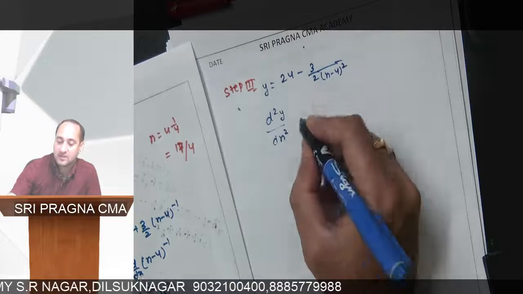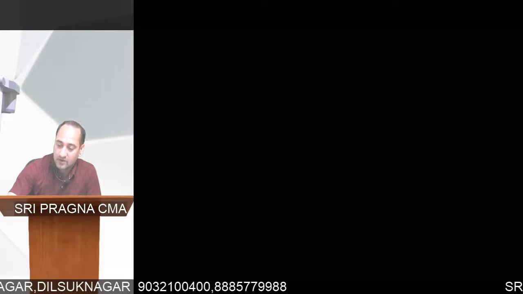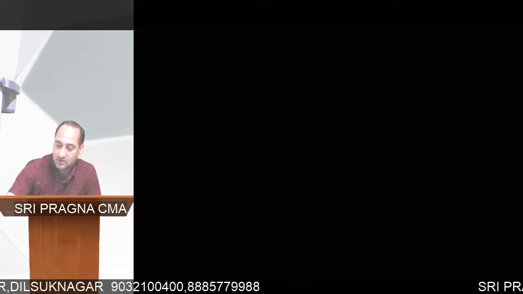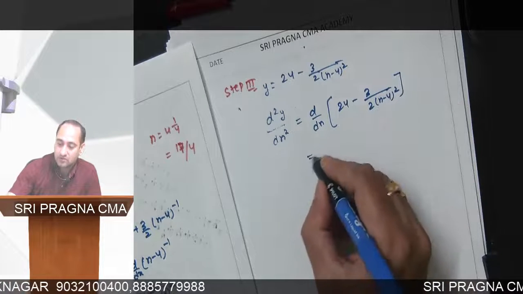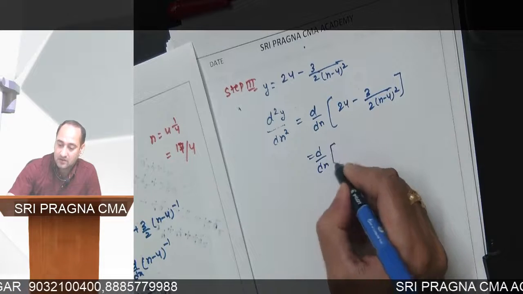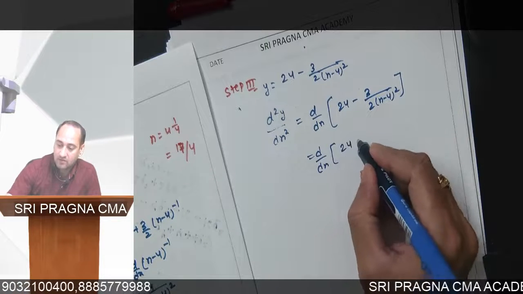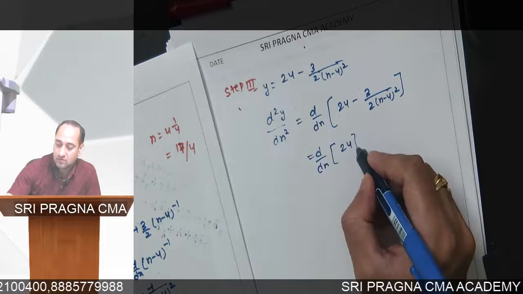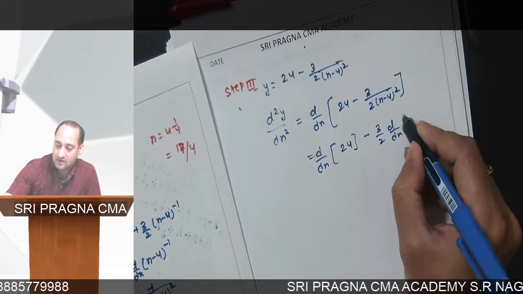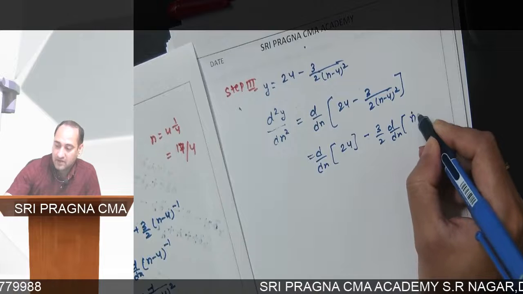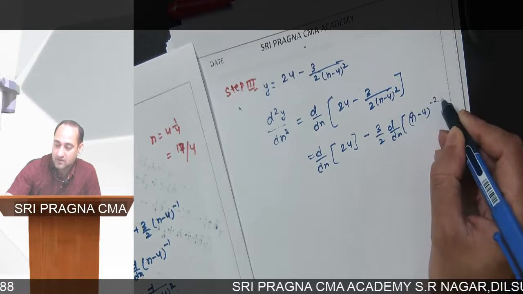d2y by dn square is equal to d by dn of 24 minus 3 by 2 (n minus 4) whole square. So we have d by dn of 24, the differentiation of a constant is 0, minus 3 by 2 d by dn of (n minus 4) to the power minus 2.